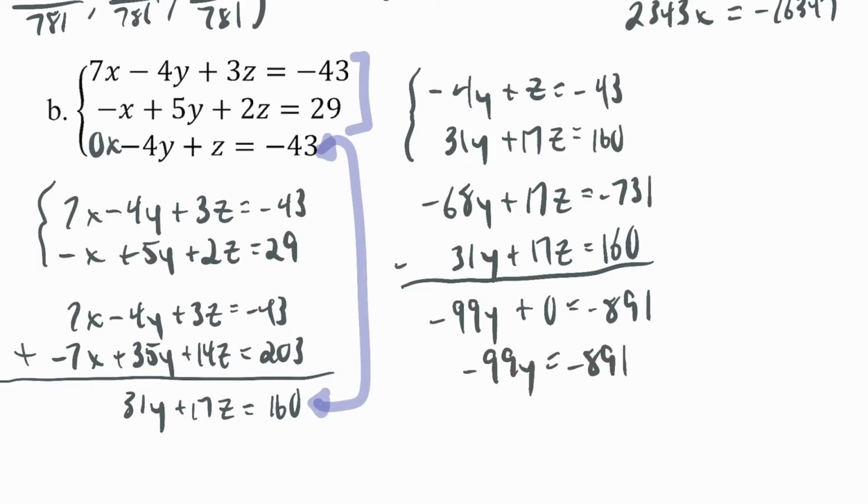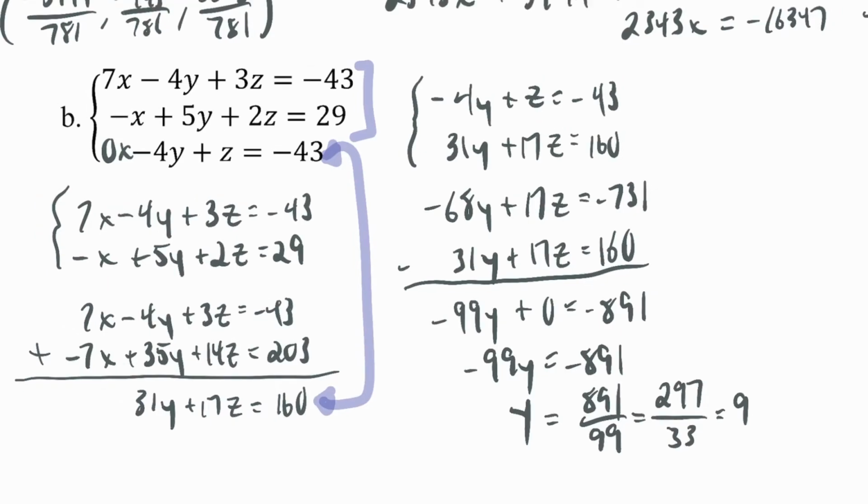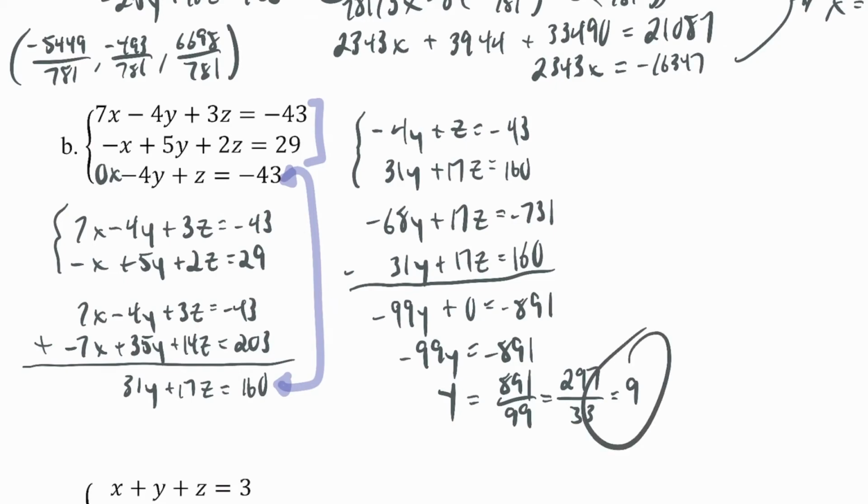So I can divide by negative 99 on both sides. So 891 over 99. That does reduce. So this will be 297, I believe, over 33, which also reduces. So this is 99 over 11. So this is 9. Let me double check in the calculator. 891 divided by 99. Yeah, 9. Oh, that's a relief. I like that.